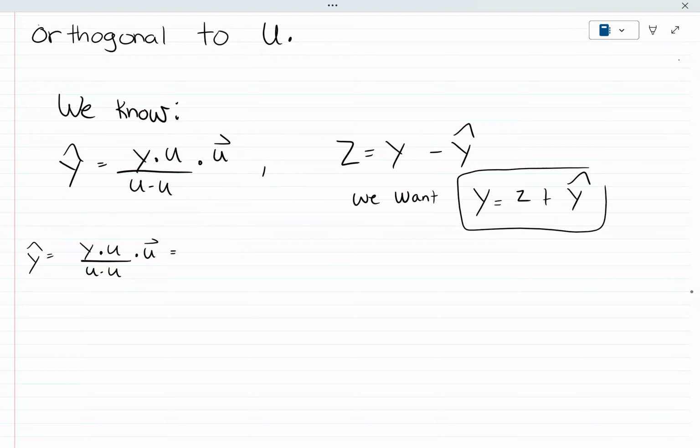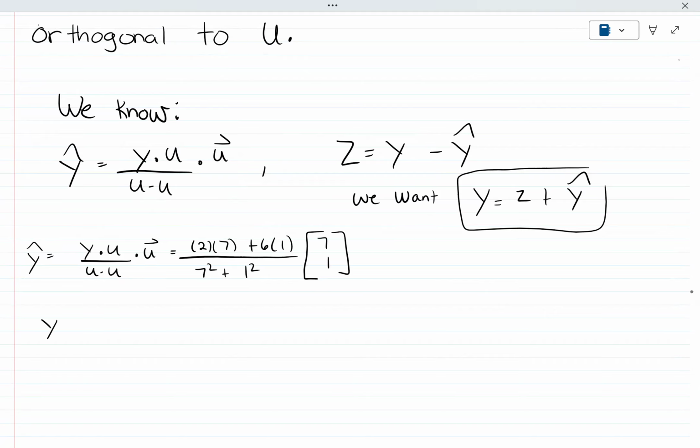That gives you 2 times 7 plus 6 times 1, all over u dot u. So that's 7 squared plus 1 squared. And then we still have to multiply by vector u, which is 7 and 1.